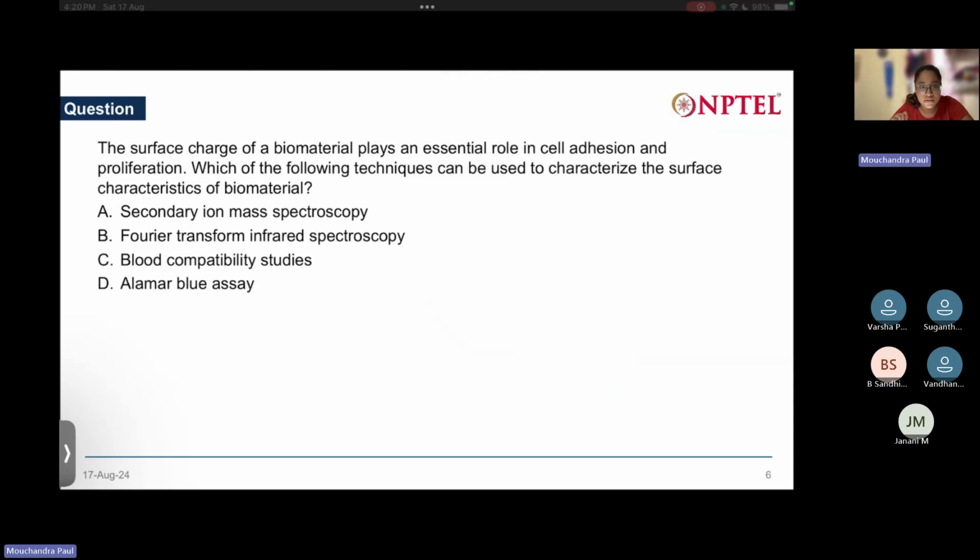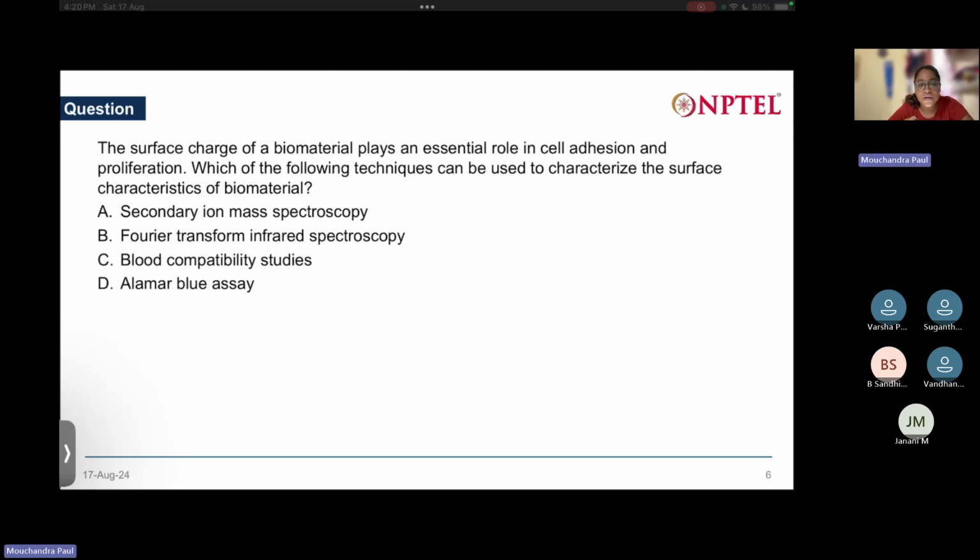So this is the first question. The surface charge of a biomaterial plays an important role in cell adhesion and proliferation. Which of the following techniques can be used to characterize the surface characteristics of a biomaterial? Option A is secondary ion mass spectroscopy.